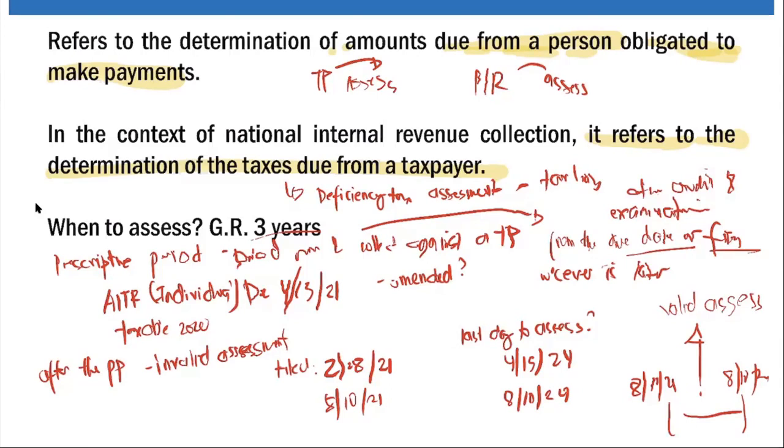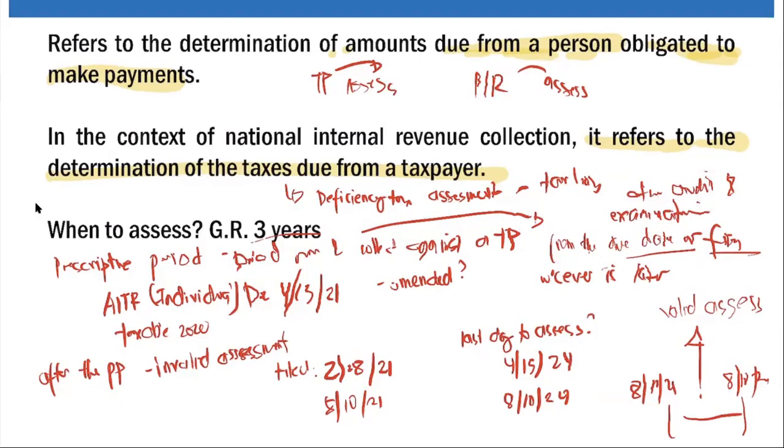What is the effect? If you amended your tax return, you compare the due date versus the amended return filing date, whichever is later.